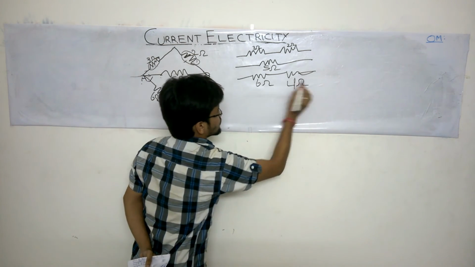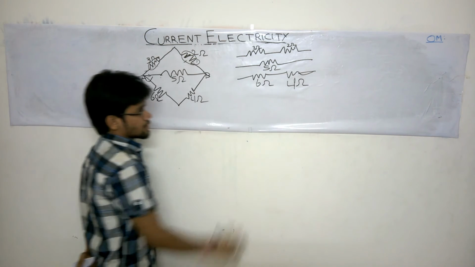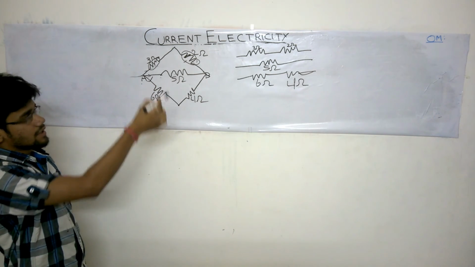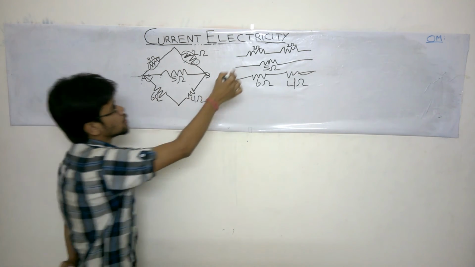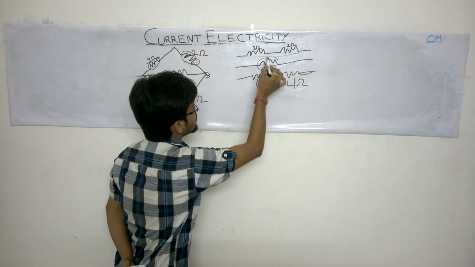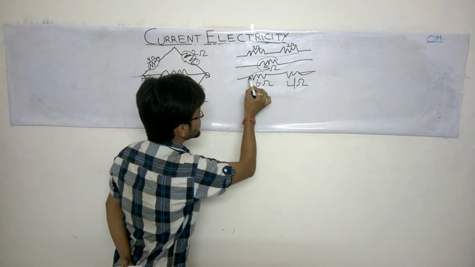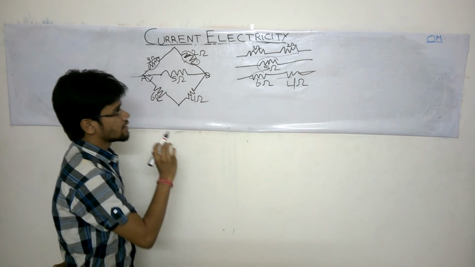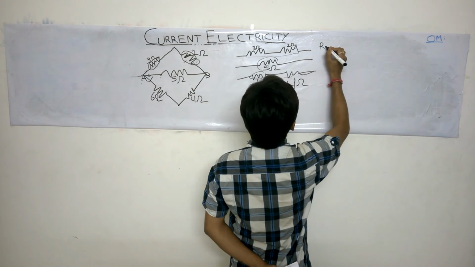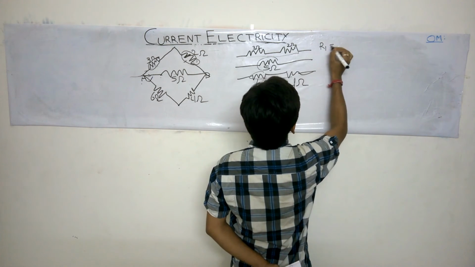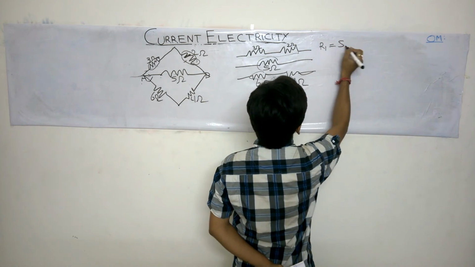Don't ever forget to write the units. Okay. So we have 6 resistors in total. 2 are in series. One is in parallel with this, and it is also in parallel with these two. So now we can calculate it very easily. What will we get here? Suppose this equivalent resistance is R1. We get this as 5 ohm.